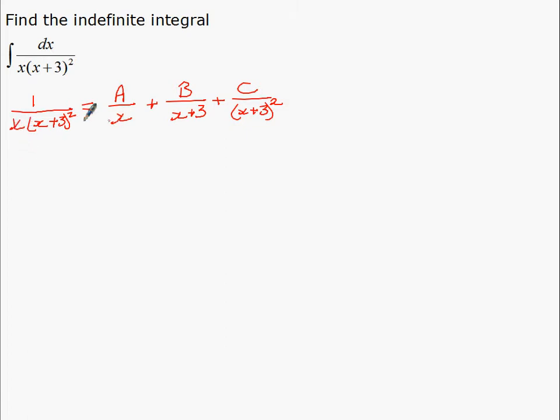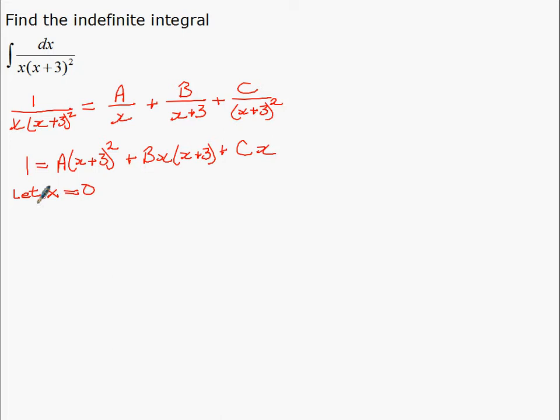From here, we do it just like we did the previous example. So we're going to multiply both sides by the denominator, leaving 1 on the left. A times (x plus 3) all squared plus B times (x plus 3) plus C times x. Now we're going to choose our x values, choosing them to eliminate some of our terms.